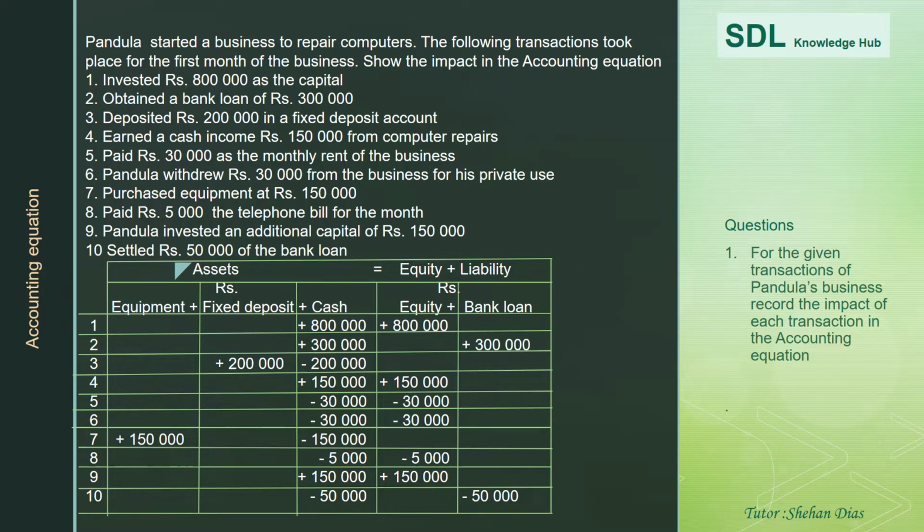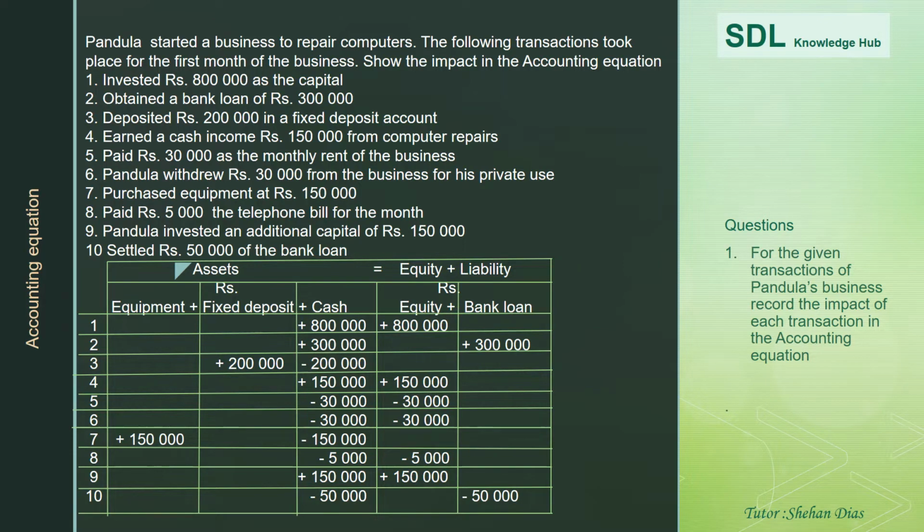Invested 800,000 as capital, that is cash 800,000 plus and equity 800,000 plus. Obtain a bank loan of 300,000, that will increase cash by 300,000 and the bank loan 300,000.